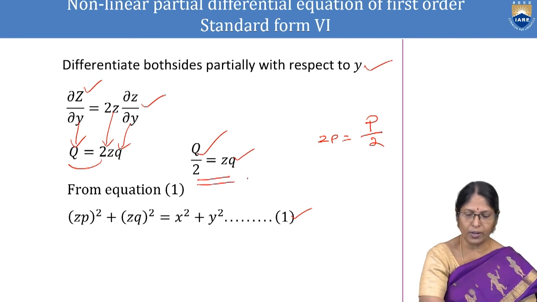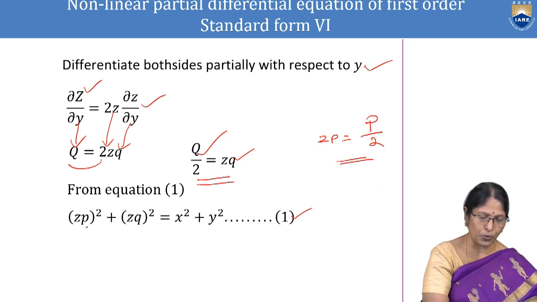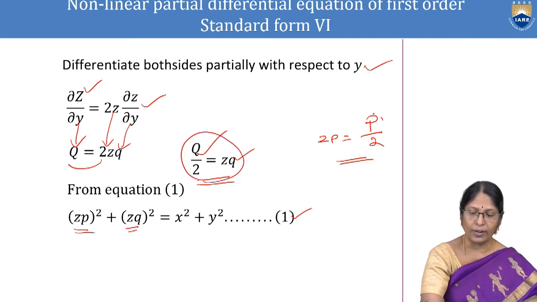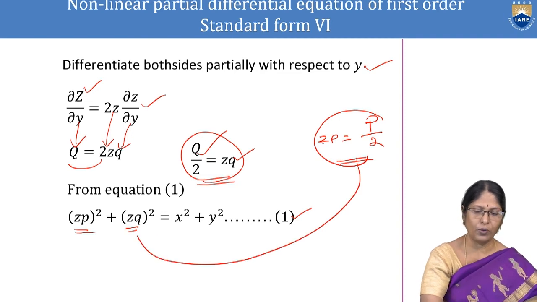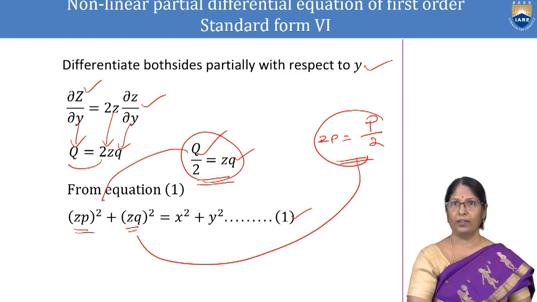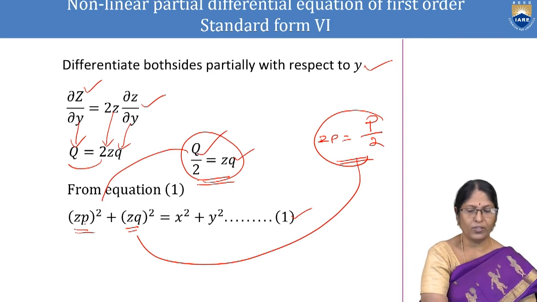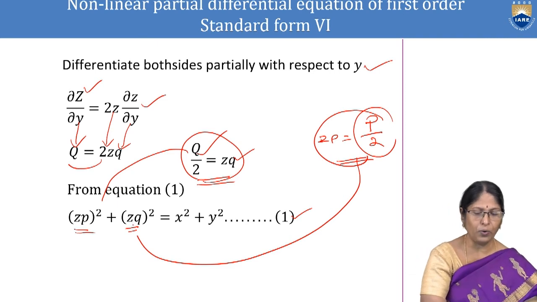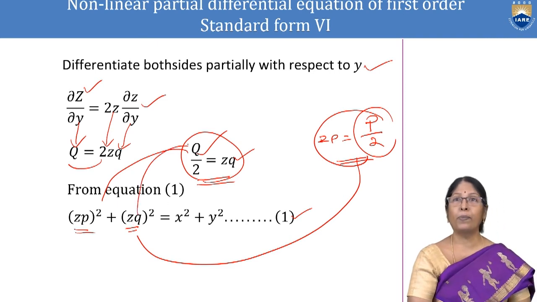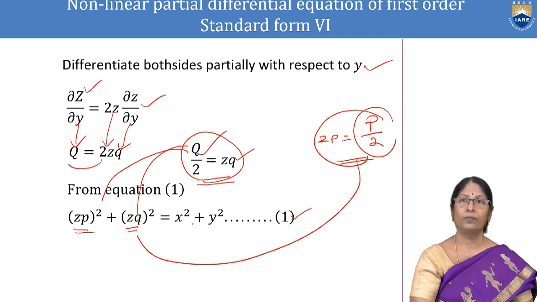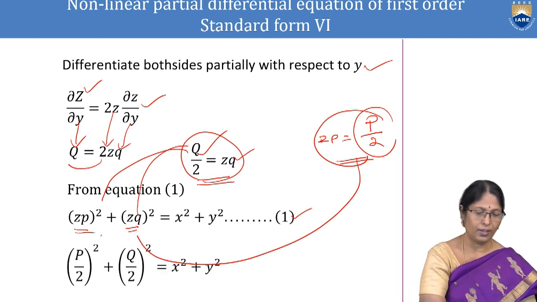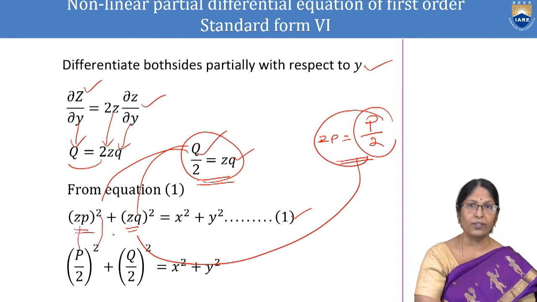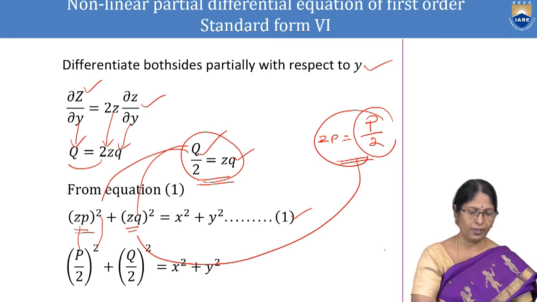We framed this to substitute for this purpose only. The simplification was also done to substitute comfortably. So now zp is replaced by capital P by 2, and zq is replaced by capital Q by 2. We replaced zp by capital P by 2. The square is there, so again it is retained.